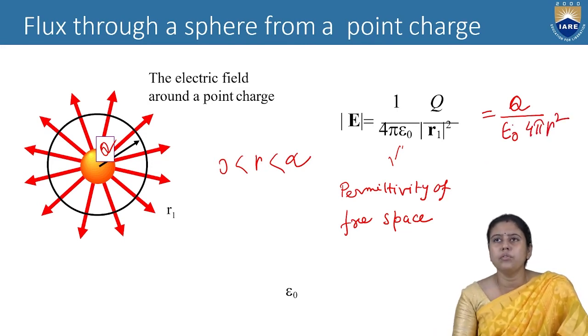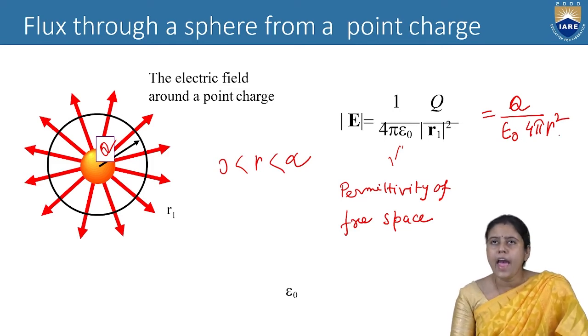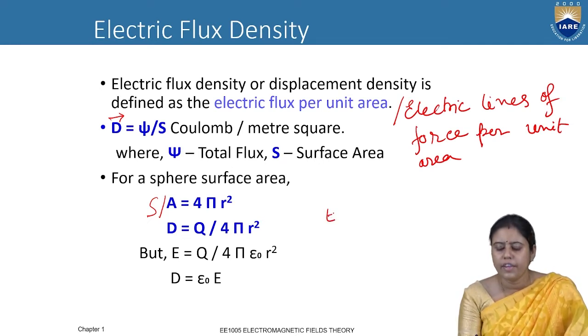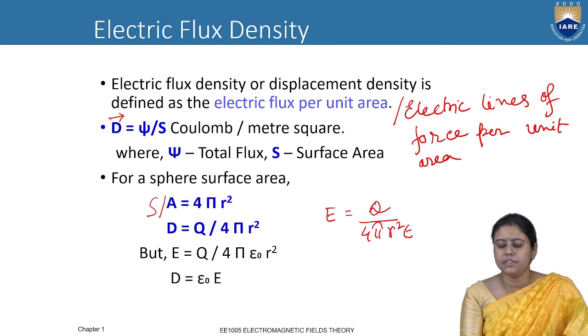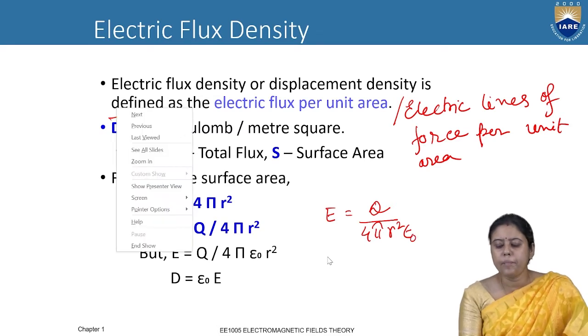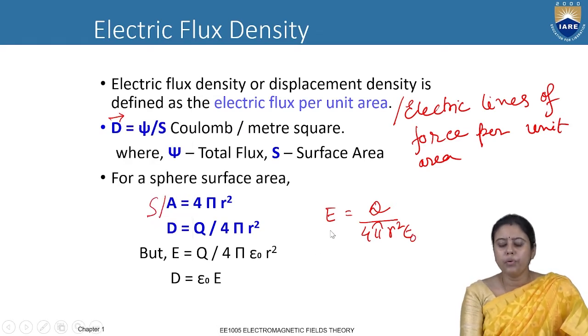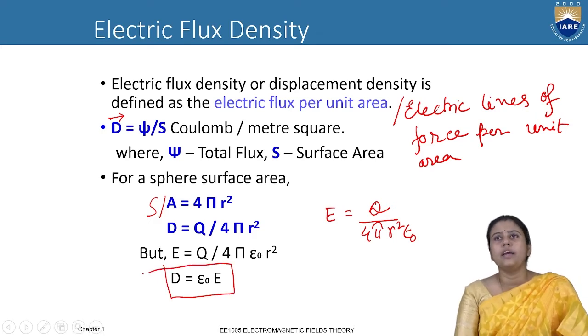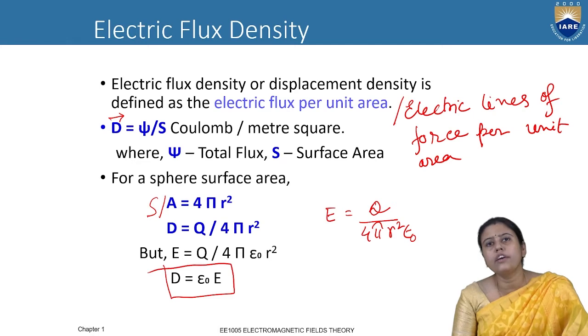So we have the equation D equal to Q by 4 pi R square, and E equal to Q by 4 pi R square epsilon 0. If we compare these two equations, we get D is equal to epsilon into E. And this is only for free space.